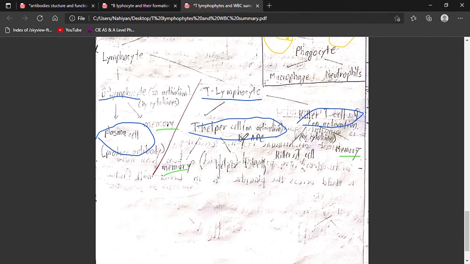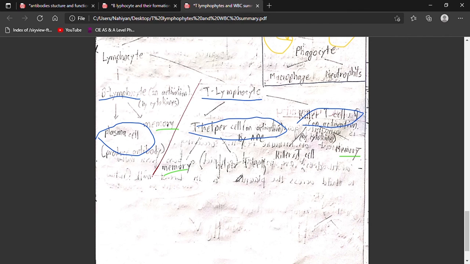As I said before, the helpers ask for help, triggering other cells to help more. So they trigger the production of the other cells.